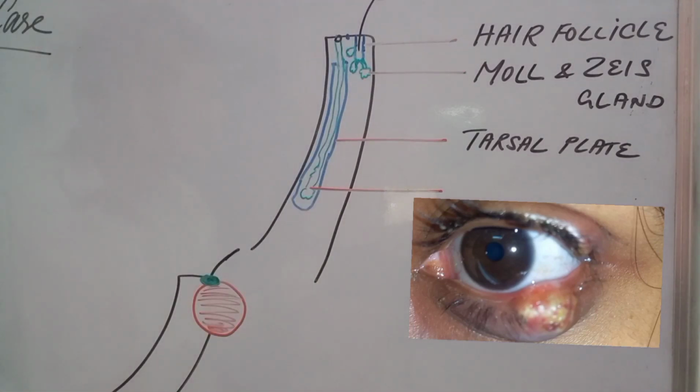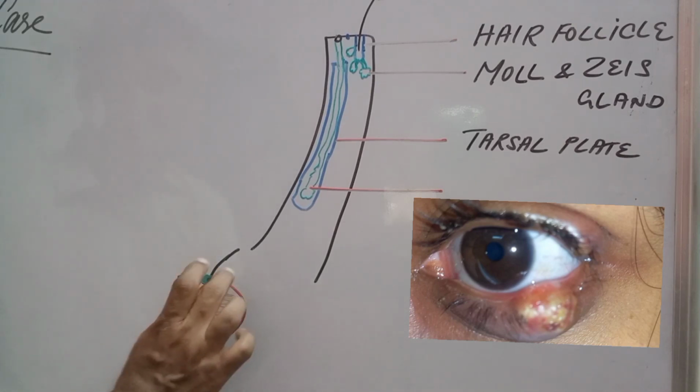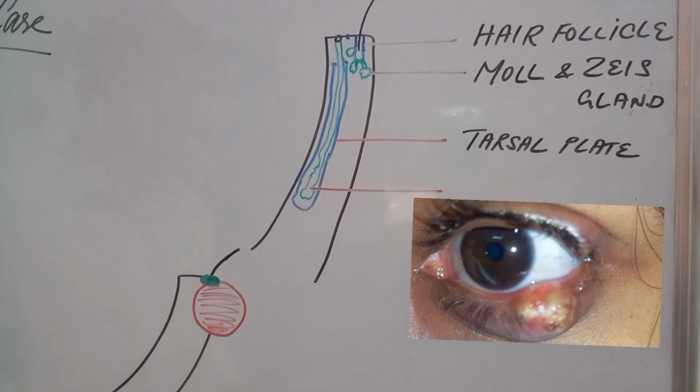Because these glands are inflamed and swollen with pus, there is a very big swelling at the margin of the eyelid, and this pus is getting collected and is about to come out at the base of the eyelashes.